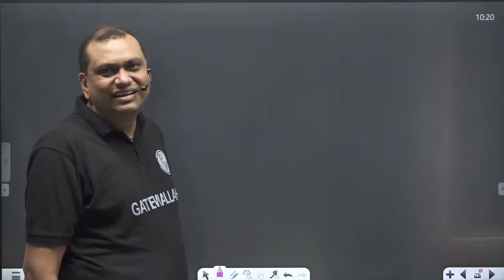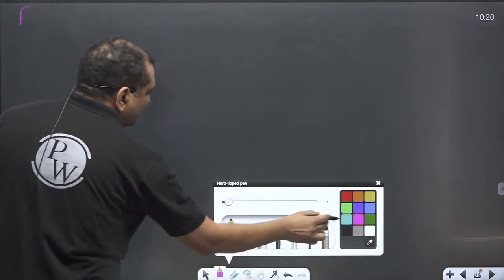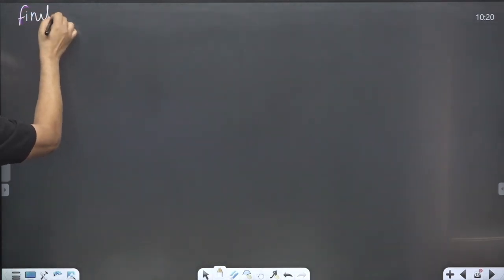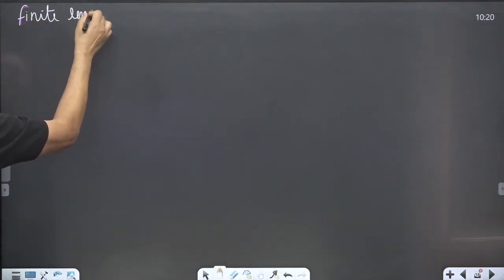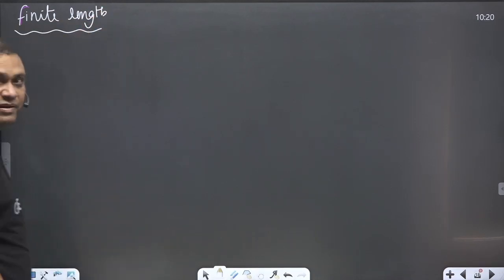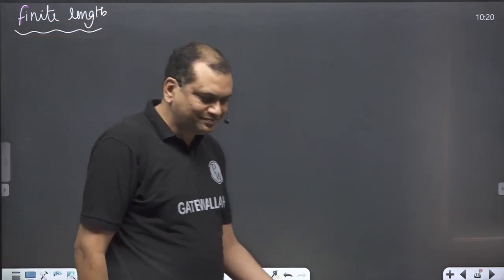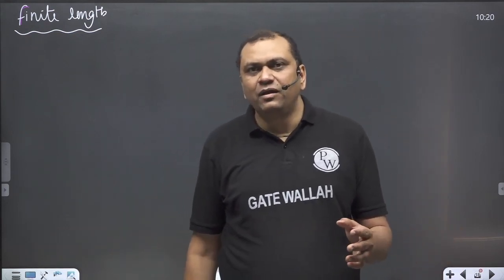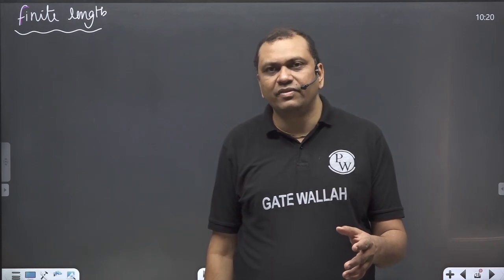This particular problem is now a finite length problem.